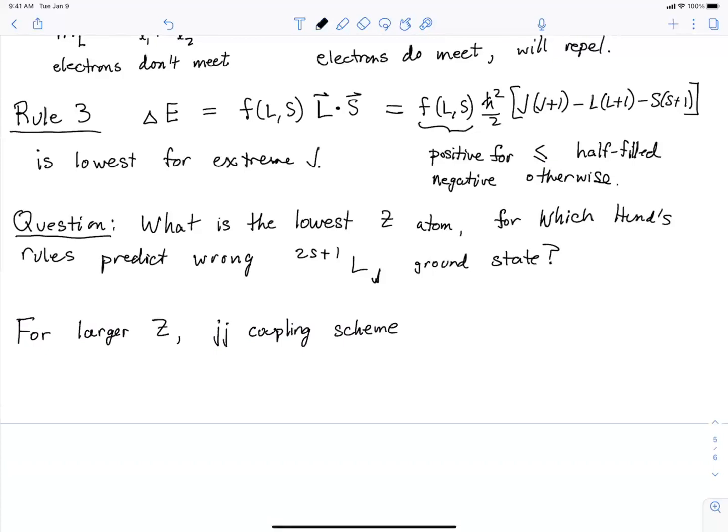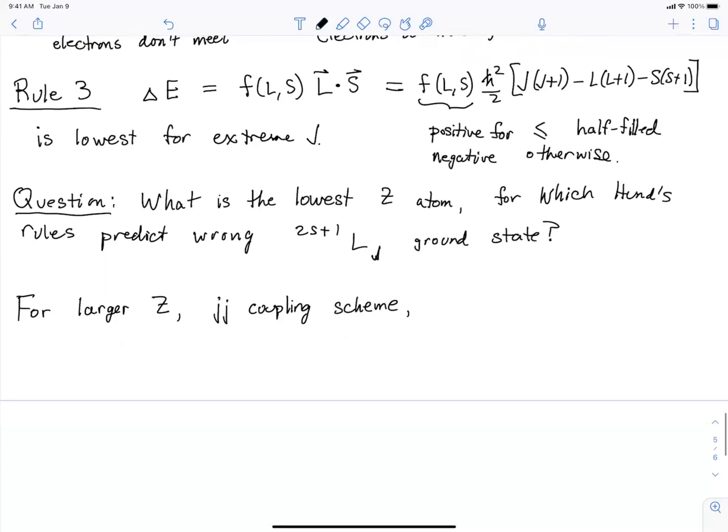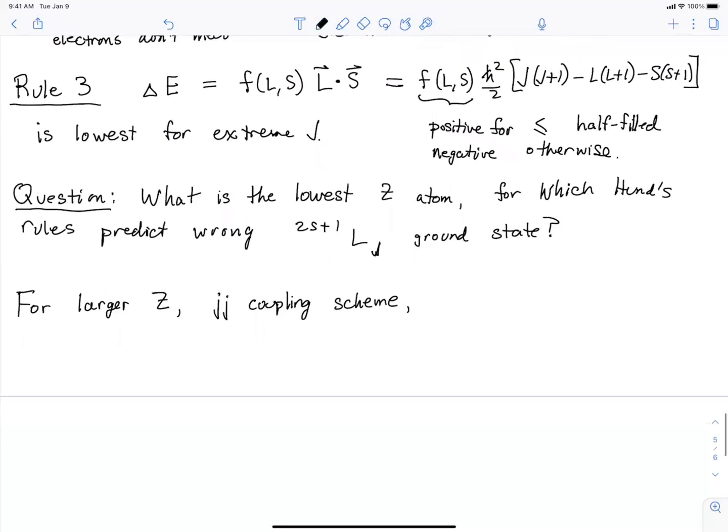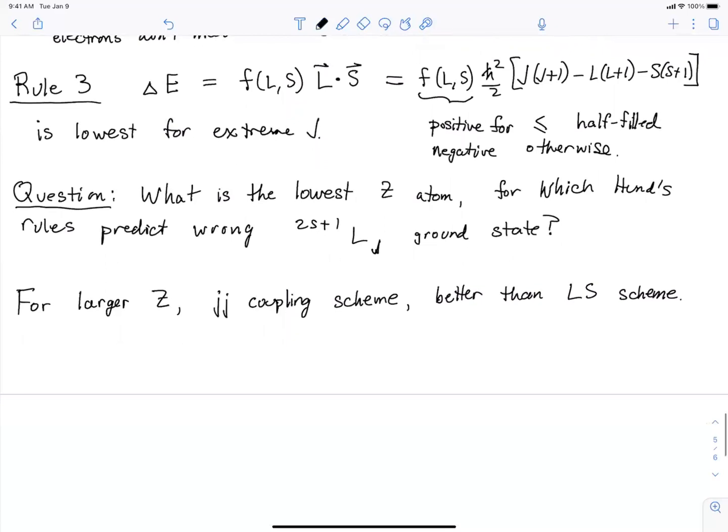It might be called the JJJ coupling scheme or the JJJJJ coupling scheme, but I think it's called that because the classic examples where it works nicely are examples where you have two unpaired electrons. So this is for larger Z, where this is better than Russell-Saunders or LS for predicting things like energy splittings.